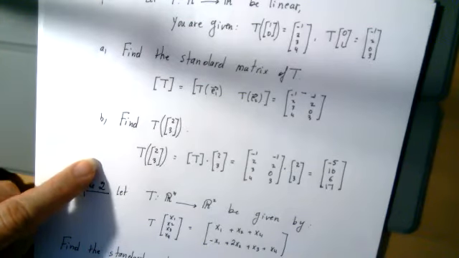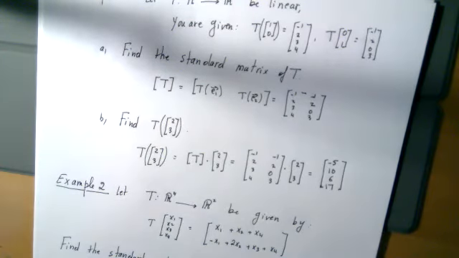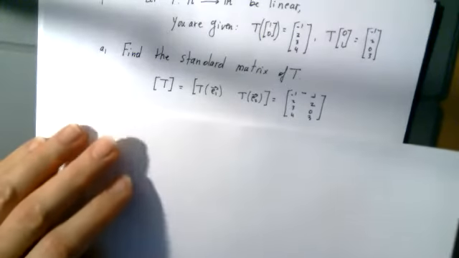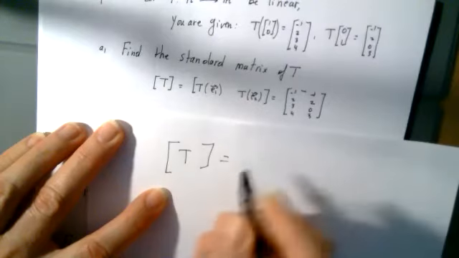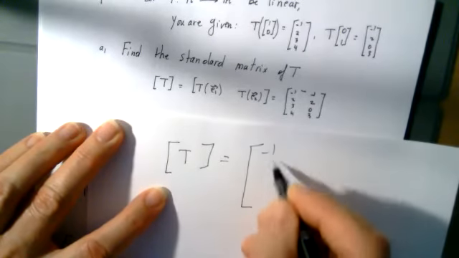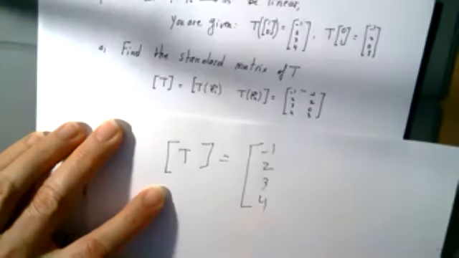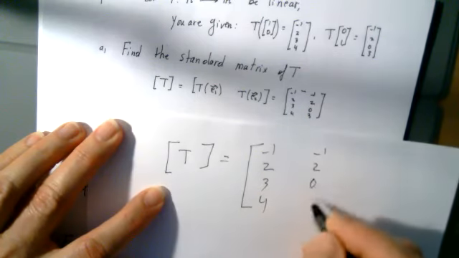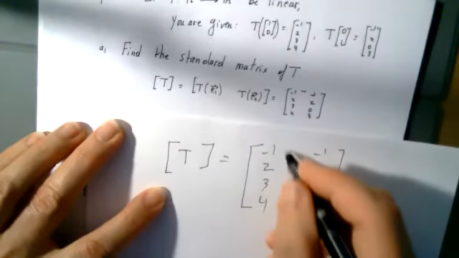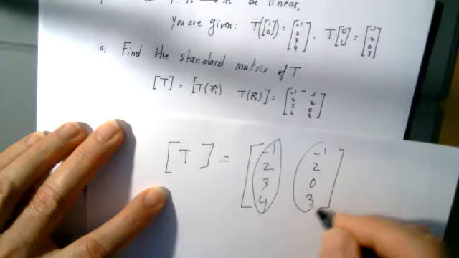It's going to allow me to find the image of any vector I want. So this is my standard matrix in this particular problem. Minus 1, 2, 3, 4 is T of E1, and minus 1, 2, 0, 3 is T of E2. What's the benefit?